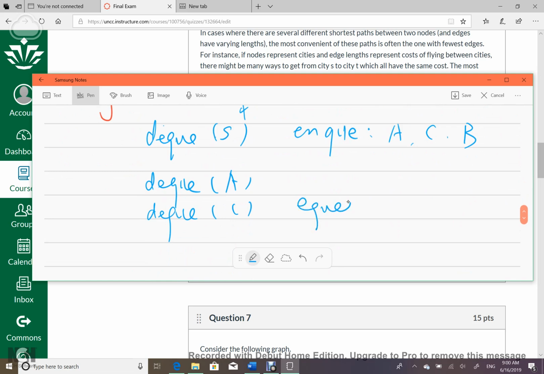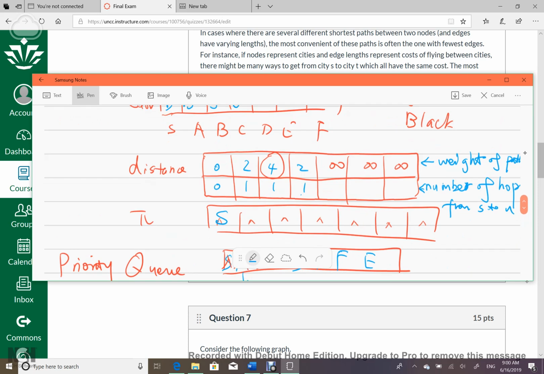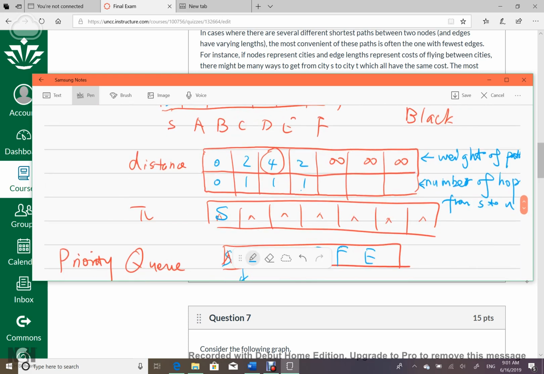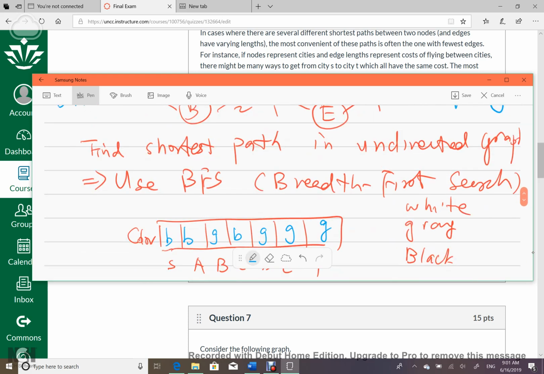You in Q, D, F, E. And the same thing here, we need to change the corner. Change this to be G, G, G. And then, since you finish C, in that case, you change C to be B, right?